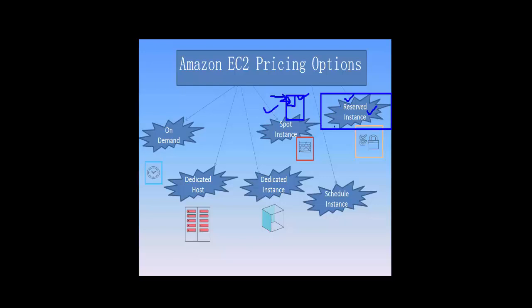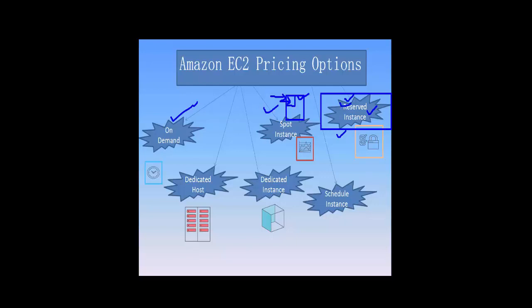But the difference is that you have to pay in advance. If you are booking for 2 years, you have to pay for the 2 years, at whatever rate gets finalized, in advance. In on demand, you pay as much as you use. Suppose you use it for 4 hours, you pay for 4 hours only, with no advance payment.